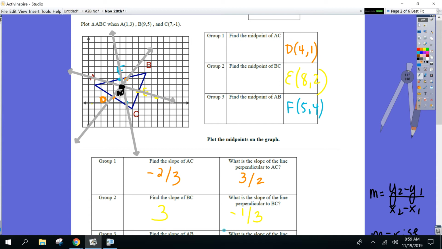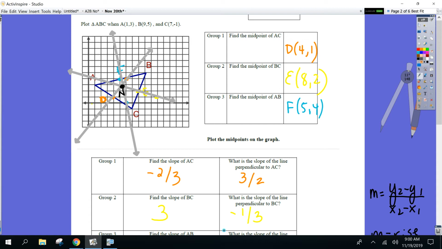So if I call the circumcenter point N, what's it equidistant from? I don't want to draw in more lines, but NA is the same distance as NB, same distance as NC. Everybody good? We're all good there, what it does.